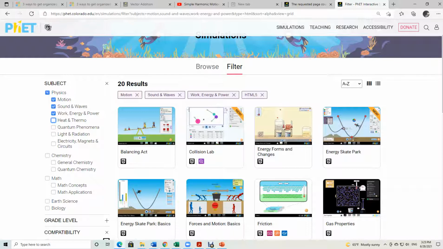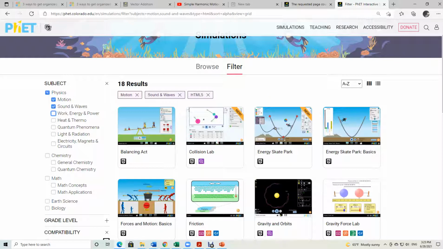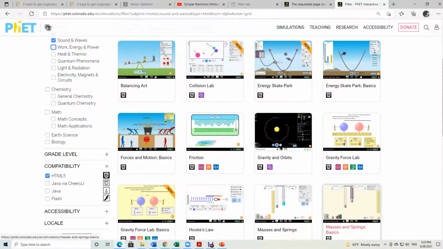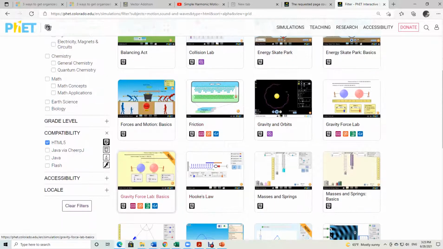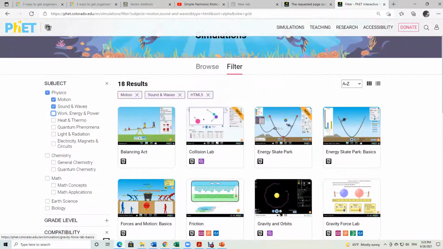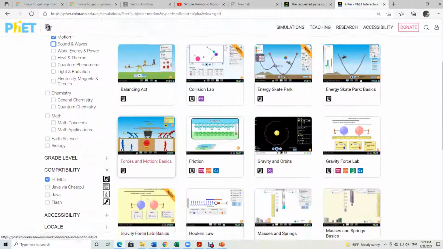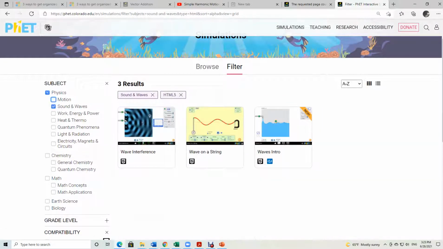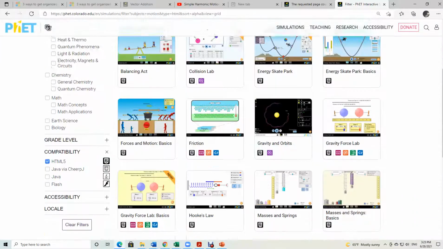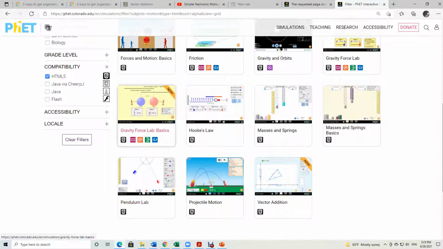Work, energy, and power, we don't need. Oh, right in here, gravity force lab. There is another one, a new one. You should use the new one. I believe it's sitting in motion. That's what it is. If you uncheck motion, then it's no longer there. Okay? So look at this one.